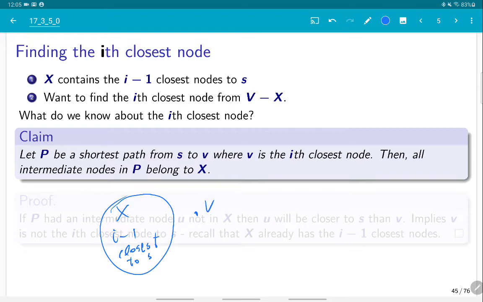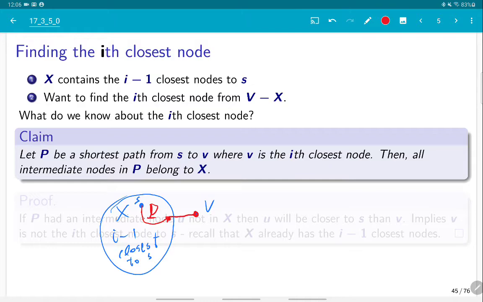Let's assume this is S. Now think about the path from S to V. The claim is that the path must look like this: it arrives at a vertex and then jumps with a single edge to V. Importantly, this path P is included inside X. It doesn't go out.